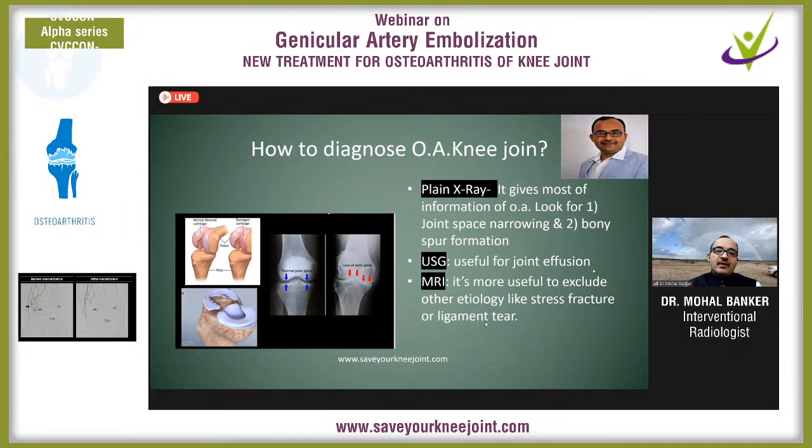Similarly, MRI shows many other signs of a chronic inflammatory process within the joint. So for osteoarthritis of the knee joint these investigations are very important, and particularly when we are planning genicular artery embolization, power Doppler and MRI are very important tools to define the severity of chronic inflammation within the joint.